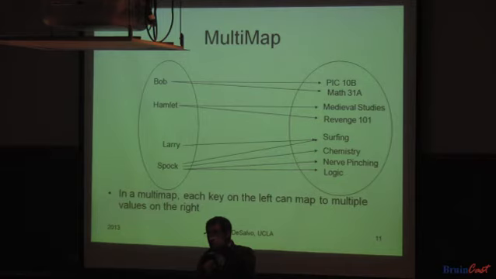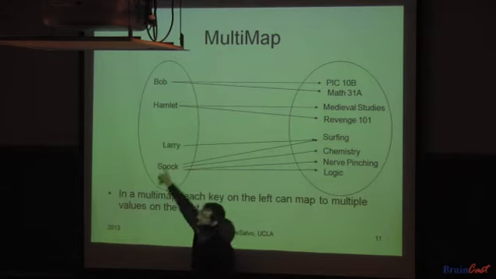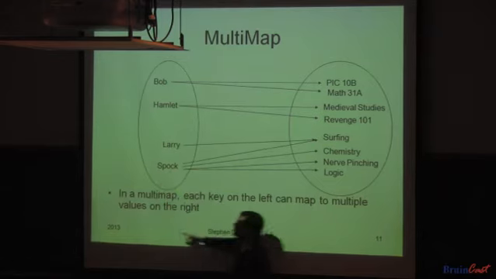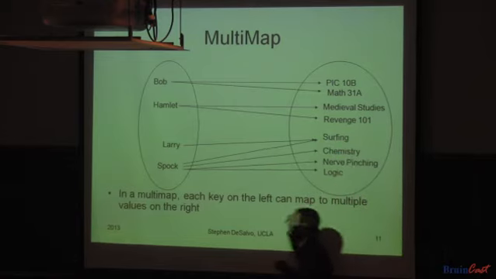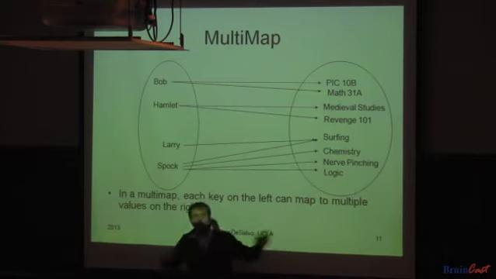That's like a map. Each key value has exactly one value object. Okay? In a multimap, each key value can map to multiple values. Okay? So it's a one-to-many relationship.